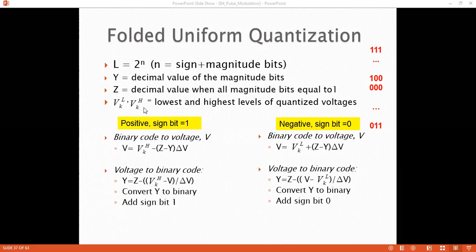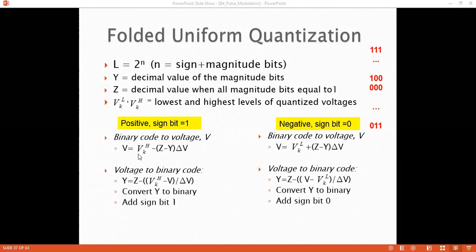VKL and VKH are the lowest and highest levels of quantized voltages. So this is the equation for if our codes are positive and this is negative.